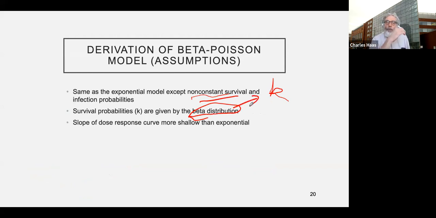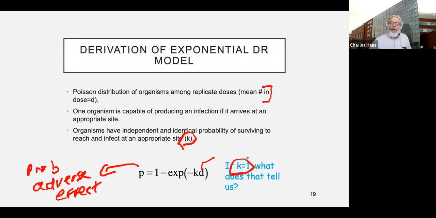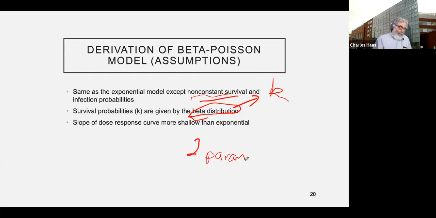The beta distribution is a distribution describing the proportion of an occurrence between 0 and 1. And the main difference between the beta Poisson and exponential, and I'll show you the equation for beta Poisson, is that beta Poisson has two parameters, versus the exponential having a single parameter K. And also that the curves are more shallow than the exponential.